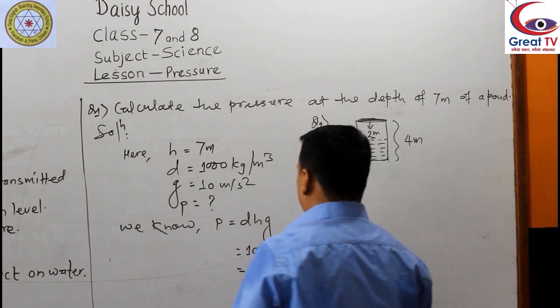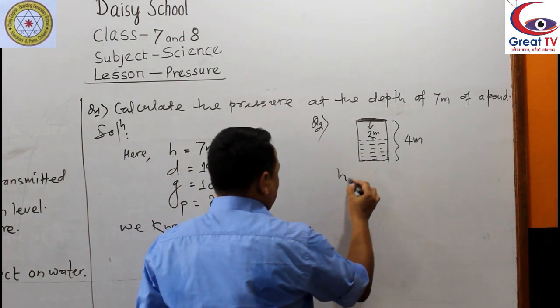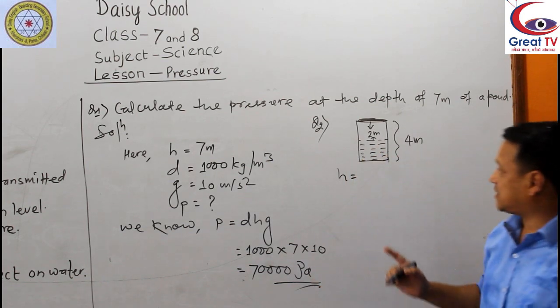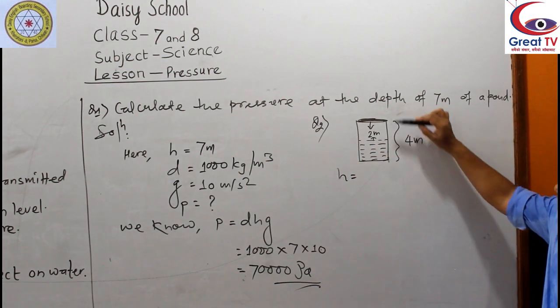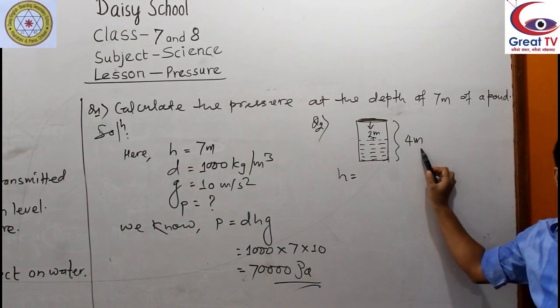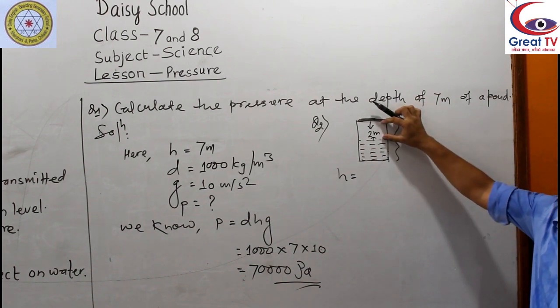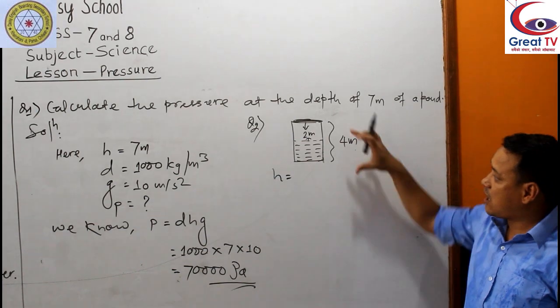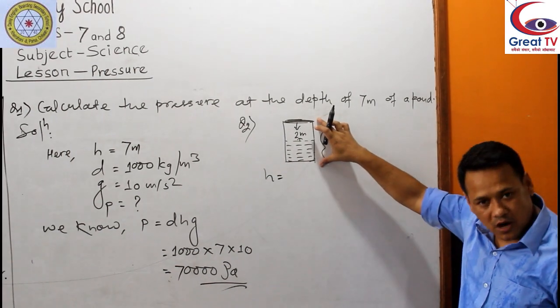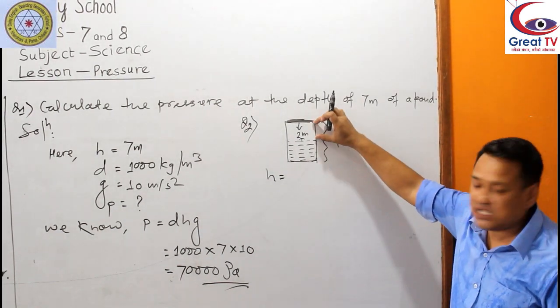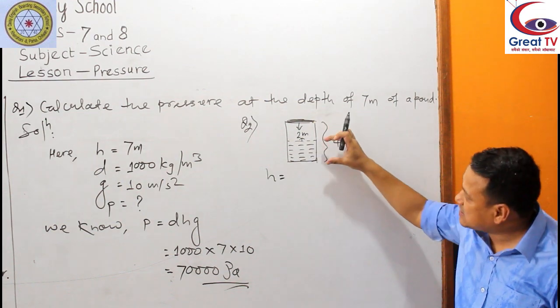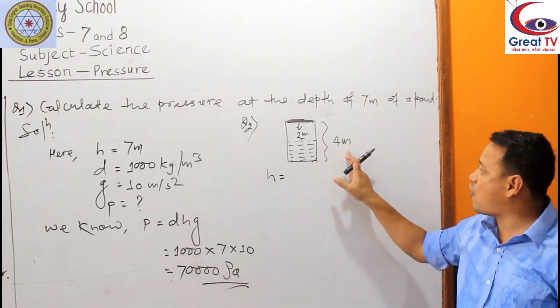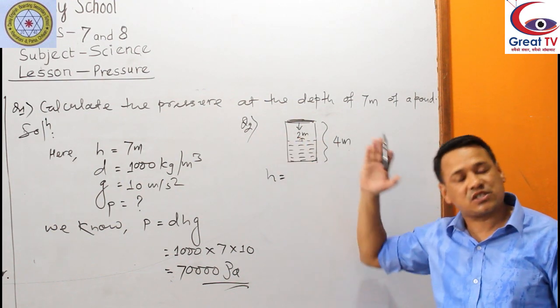So here, similarly, depth of the liquid, how much? Total height of the tank is 4 meter. The gap is 2 meter. That means it is only half filled. 4 meter complete height, empty space 2 meter. That means height of the liquid is 4 meter minus 2 meter, that is 2 meter.